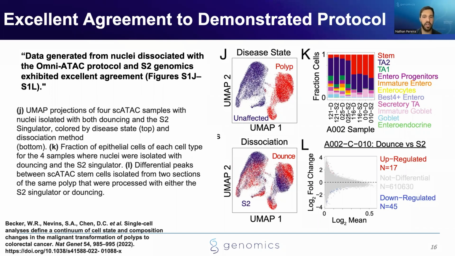In K, you can see again the S2 samples' cell type representation matches very well with the manual method. And in L, the differential peaks between the stem cells were nearly identical, indicating the accessible regions of the chromatin were nearly identical between the samples. So they found that their manual method matched very well to the Singulator method, which was great for us and great for them.